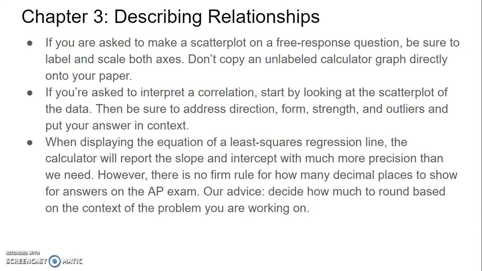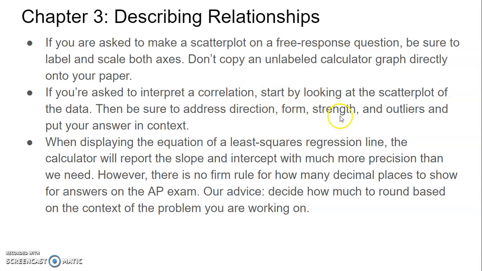If you're asked to interpret correlation, recognize that correlation is the letter r. Start by looking at the scatter plot. Address the direction: is it positive or negative? Address the form: is it linear, curved, or scattered? Address the strength.